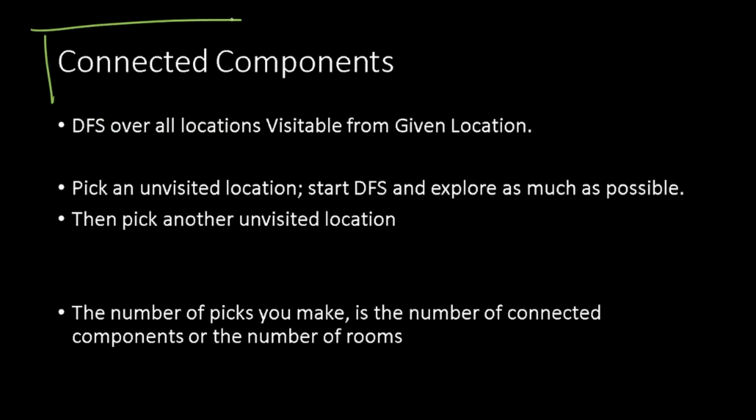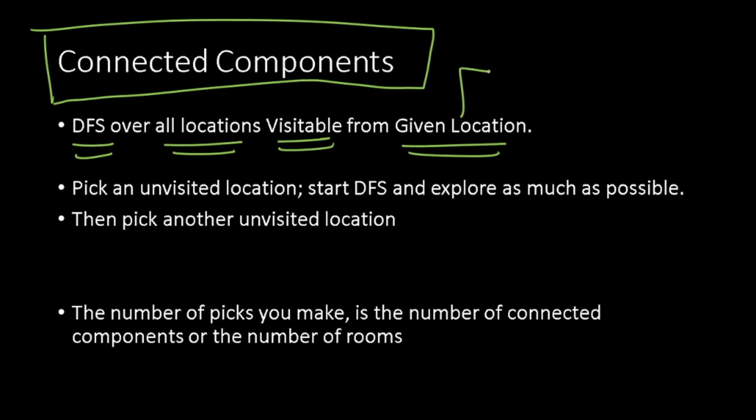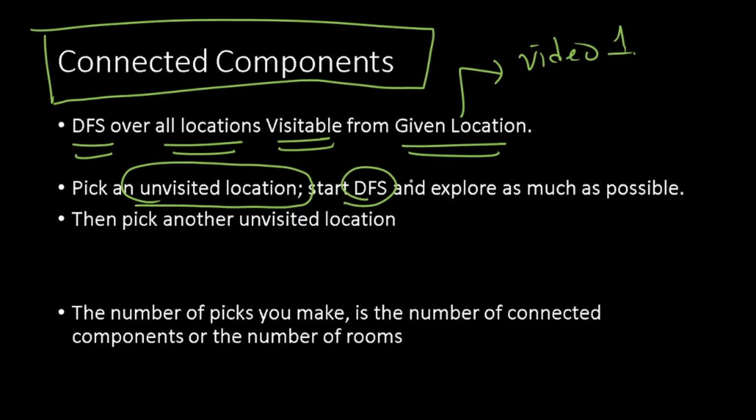First, let us understand the concept of connected components and its relevance here. Basically, a connected component can be understood based on a DFS over all locations visitable from the given location. This was explained in video 1. Okay, so how do you do that practically? You pick an unvisited location and you start a DFS or even a BFS.